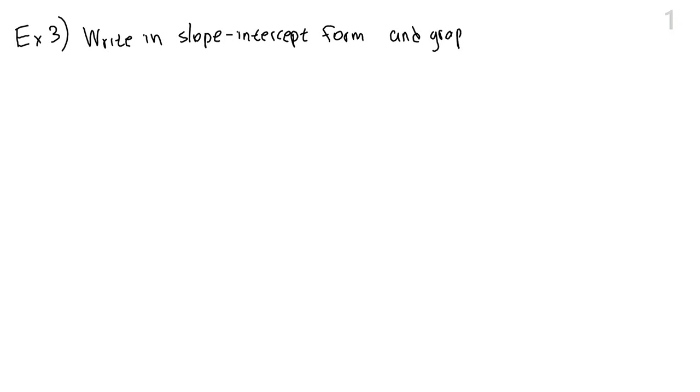In the next example, we are asked again to write in slope-intercept form and graph the following equation of a line, minus y minus 4 plus 3x equals 0.